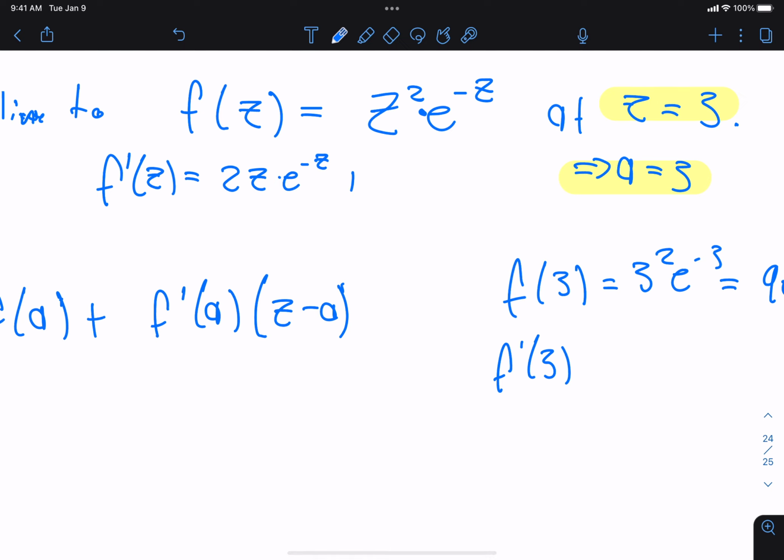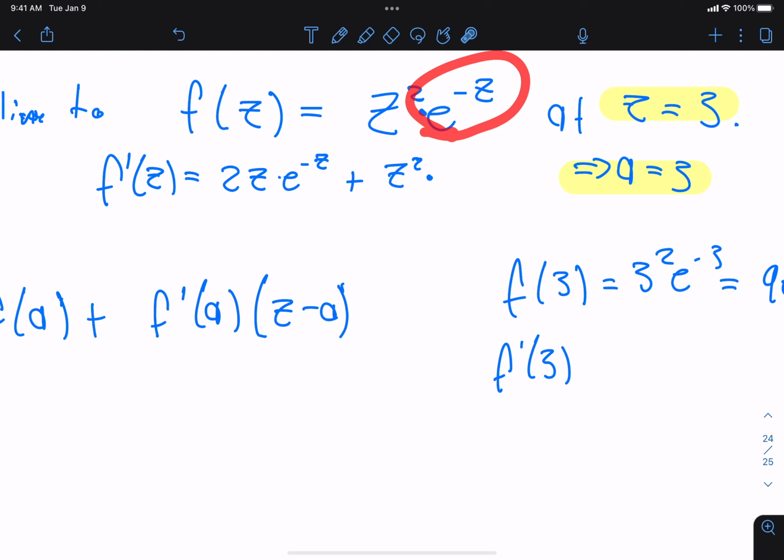And then I'm going to add. And then I'm going to swap the roles. So for this one, I'm going to leave z squared alone. And then I'm going to multiply times the derivative of e to the minus z, which, what do I get when I do the derivative of e to the minus z? We use the e to the kx rule, right?